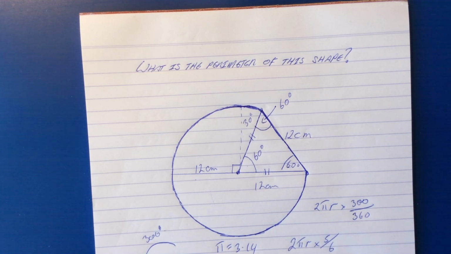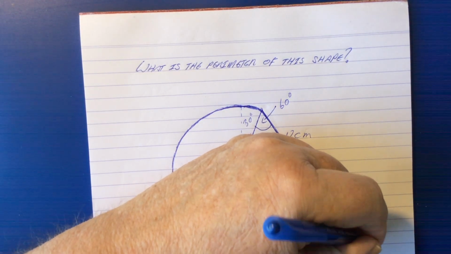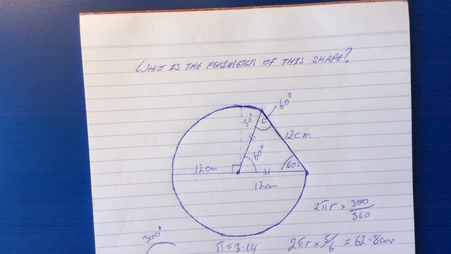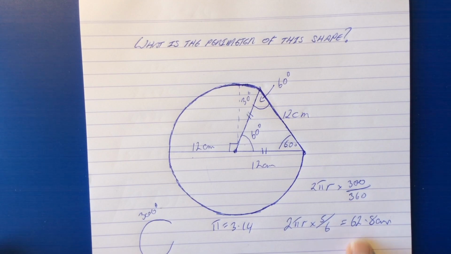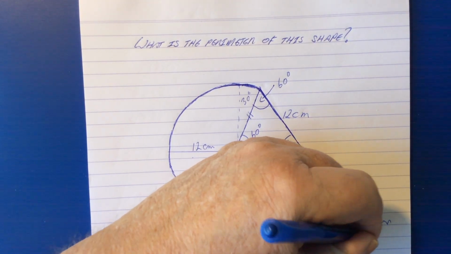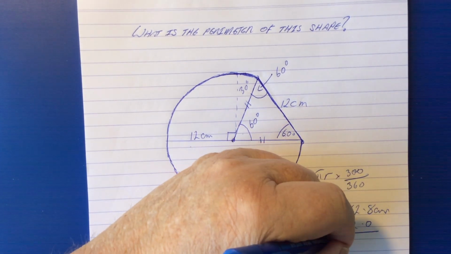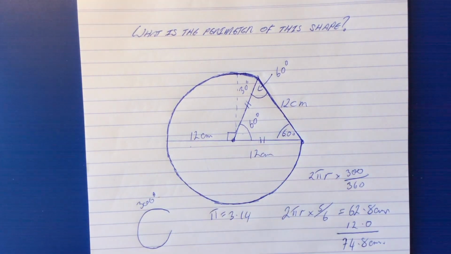Now we have to multiply that by 5 over 6, and that gives us 62.8 centimeters. Now, what's missing? Well, we need to add 12 to that. And the answer that we get is 74.8 centimeters.